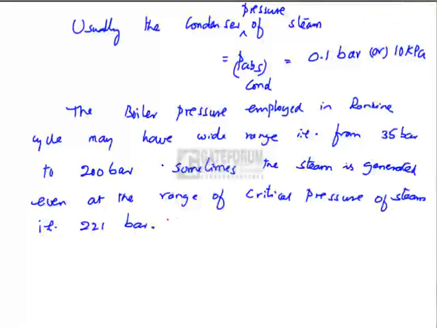That is, among all the thermodynamic cycles we have seen, the pressure ratios are maximum in the Rankine cycle, because even if we assume that boiler pressure is 100 bar, whereas the condenser pressure is 0.1 bar, the boiler pressure divided by the condenser pressure will be 100 by 0.1, that is around 1000.